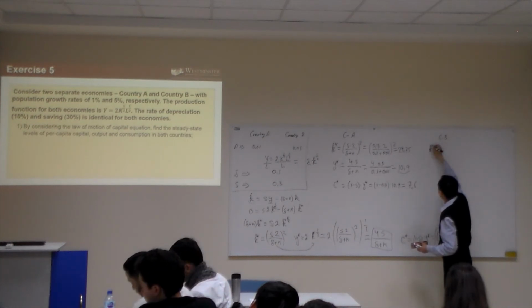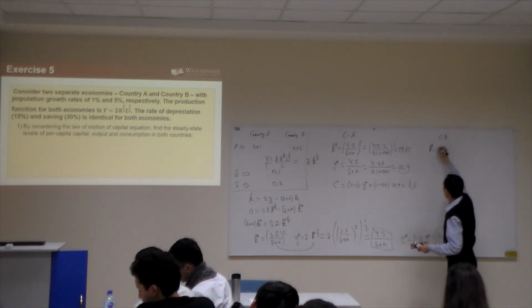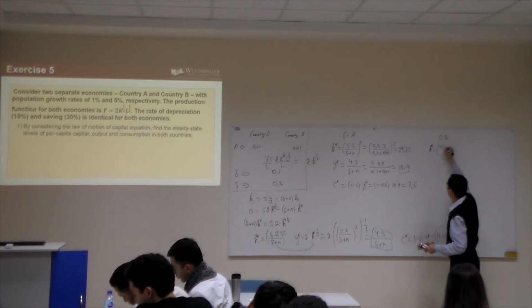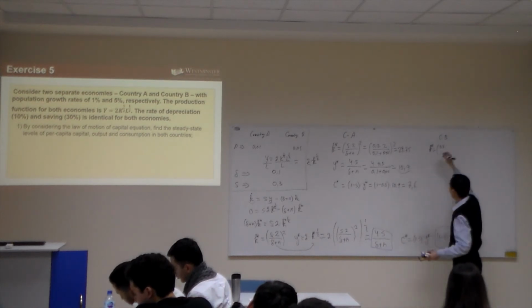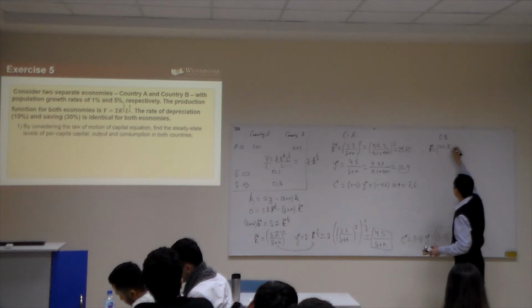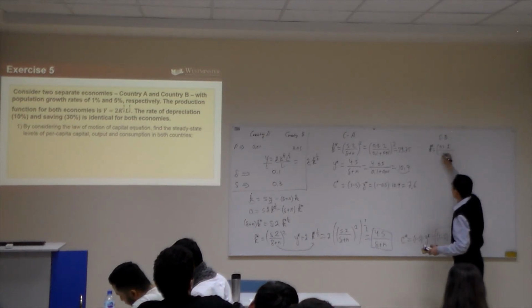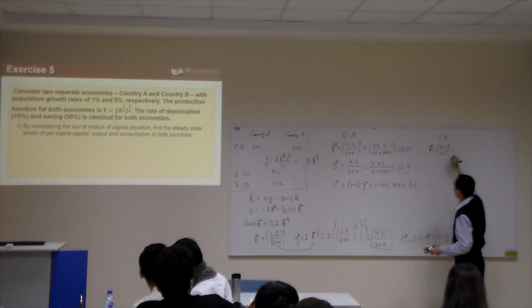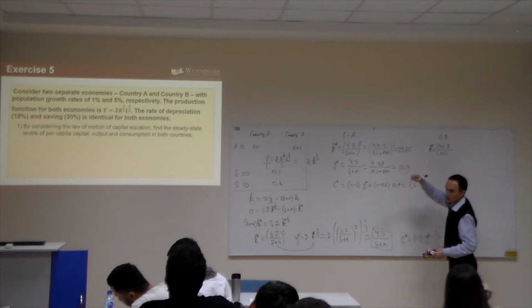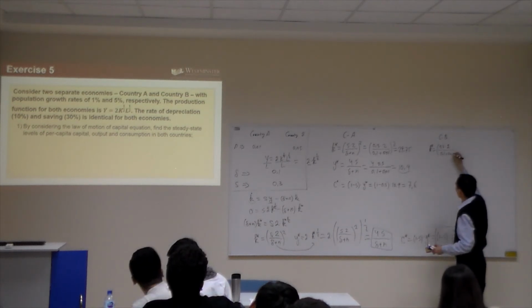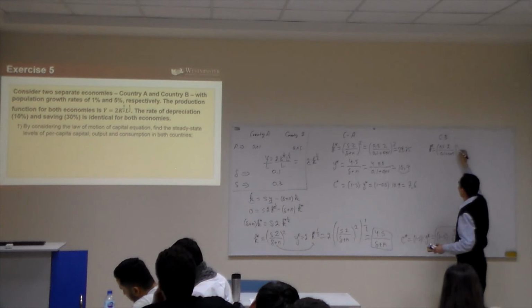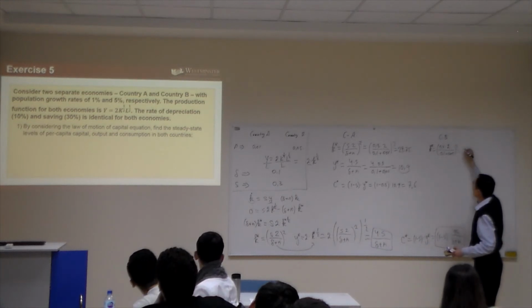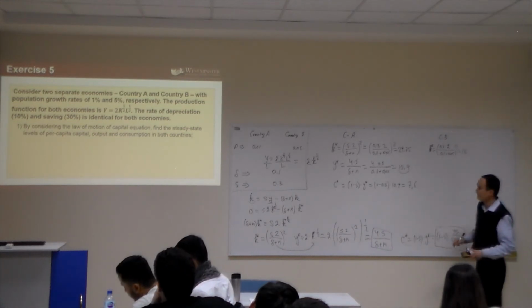Again, we apply the same equation where saving rate for this country is 30%, same for both countries, times technology, depreciation rate is the same 10%, but what is different? Growth in population, right? Now it is 5%, squared, which is equal to 16, right? Okay?